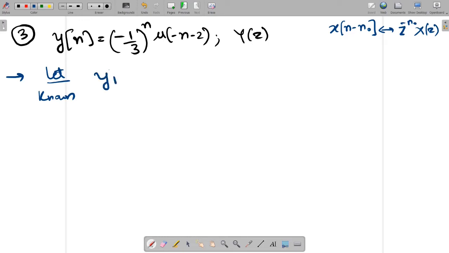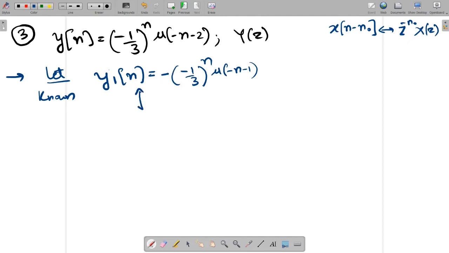Let y1 of n. Okay. What is the known over here? We can write known as a raised to n u of minus n minus 1, right? So, we can say minus 1 by 3 raised to n u of minus n minus 1. We can put extra minus sign just for our convenience.